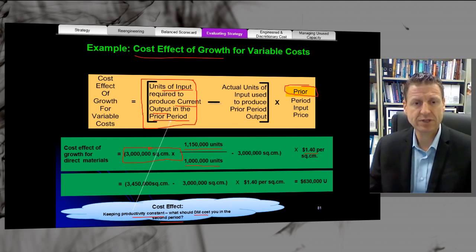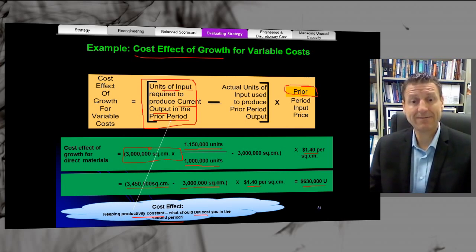And we should have used 3,450,000 square centimeters. In the prior period, how much did we use? We actually used 3 million square centimeters. And so that difference multiplied by the $1.40 per square centimeter in the prior period gives us that $630,000 unfavorable.